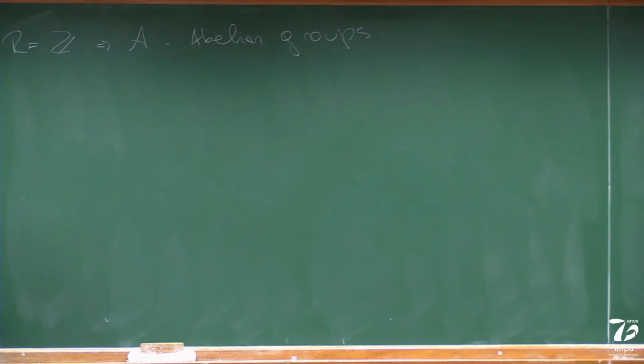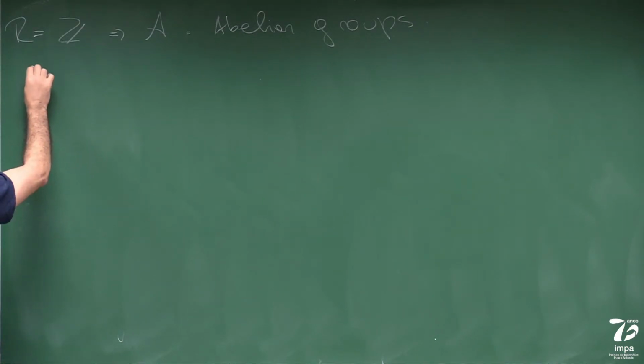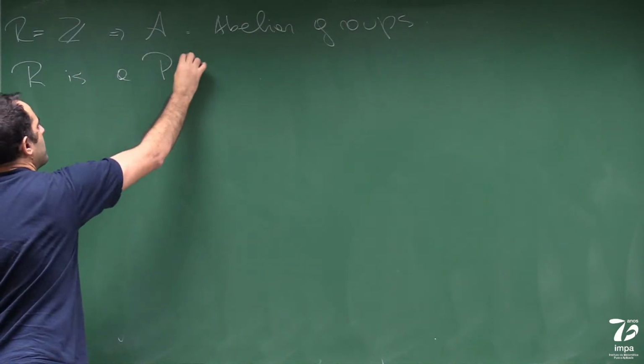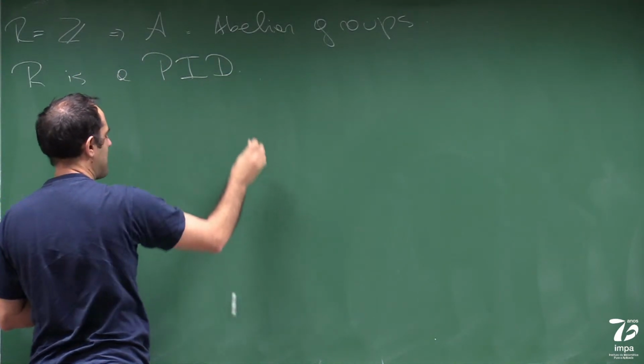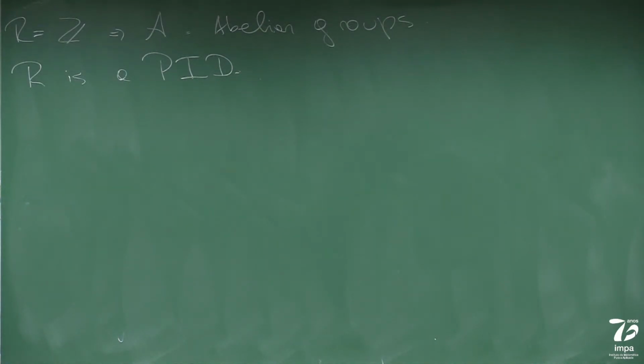I think I've given an example of an injective, of a non-divisible module. But more generally, if R is a PID, a principal ideal domain, the same is going to happen. And let's analyze what this theorem says.